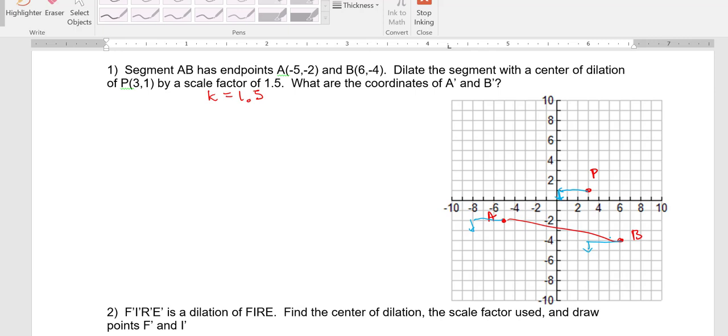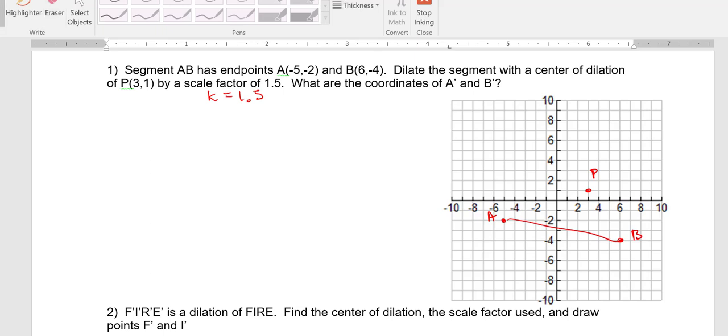Okay, and then from there I'm just going to multiply everything by the scale factor 1.5. And then don't forget that when you get to the end, you have to move everything back up 1 and to the right 3. I'm going to try this problem without doing that, though. I'm just going to move it using the scale factor that's given there.